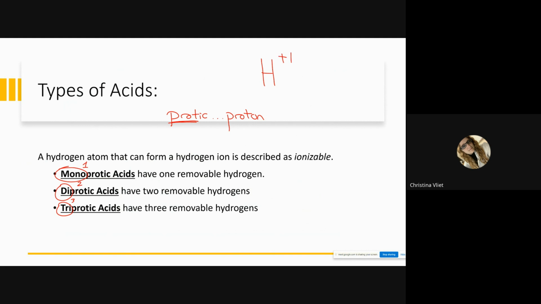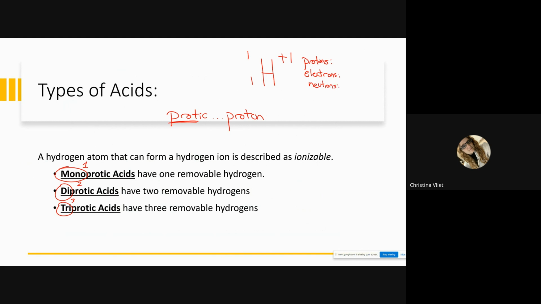What's H plus 1? Let's go back to its subatomic particles. Protons, neutrons, electrons. The mass number of 99% of hydrogen is 1, and the atomic number is 1. How many protons, neutrons, and electrons are in H plus? How many protons, how many electrons, and how many neutrons?